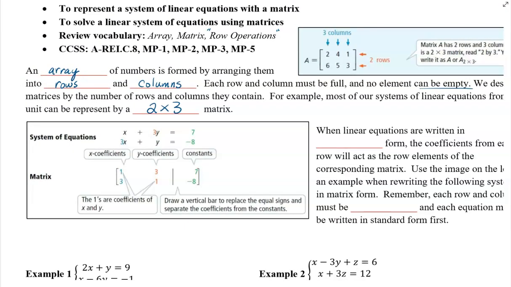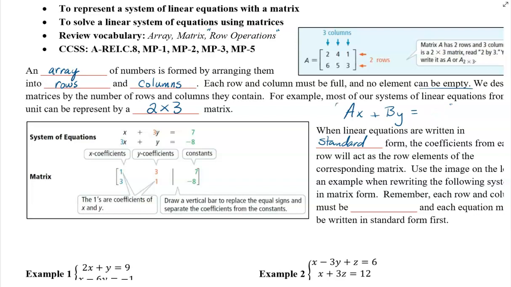When we have our linear equations written in standard form, if you recall, standard form looks something like this: some number a times x plus another number b times y equals some third number c. This is what we call our standard form.